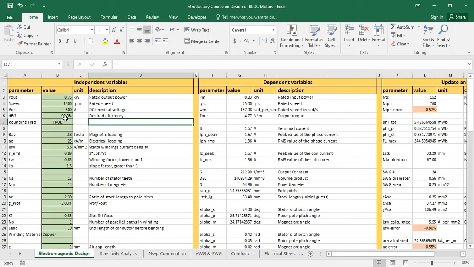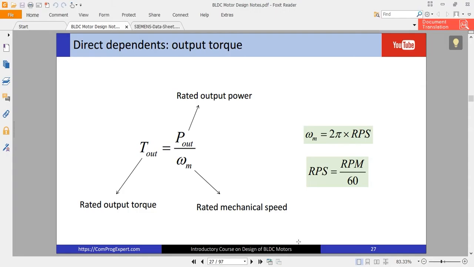So, okay. The output torque is equal to output power divided by rated mechanical speed. This is omega m, angular speed, and it is equal to 2 pi times RPS. This is revolutions per second.